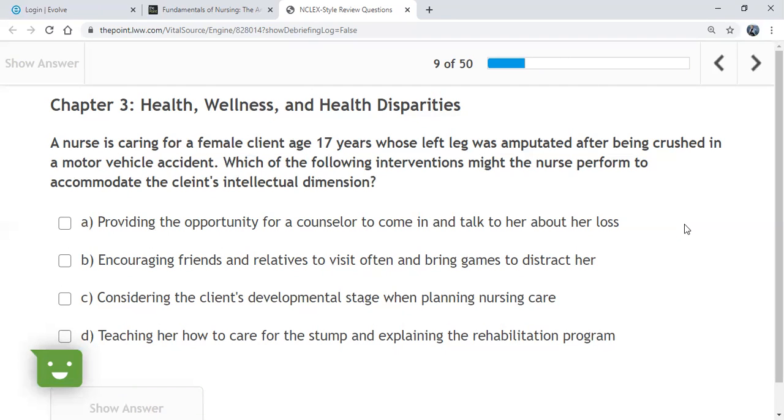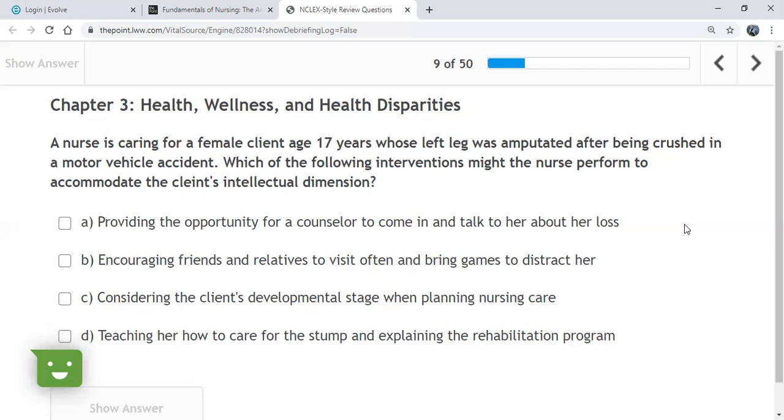I think it's D. I get a D. About C. I got B. Well, you're definitely going to do C, no matter what. But it's asking about the intellectual dimension. So intellectual, so A, right?